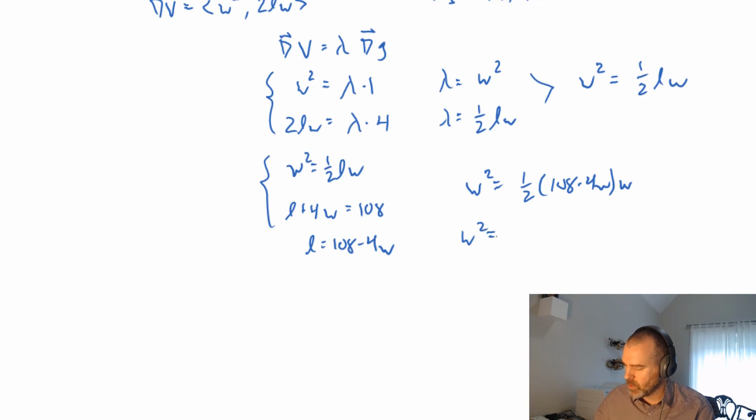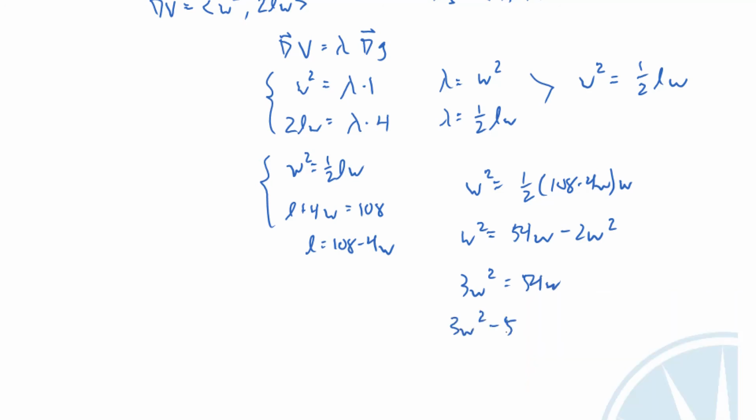Well, let's see, w squared equals 1/2 w, multiply that in there, that would be 54w minus 2w squared. So 3w squared equals 54w. I guess I should have done 3w squared minus 54w equals 0. Factor out a 3w, we get w minus 18 is equal to 0.